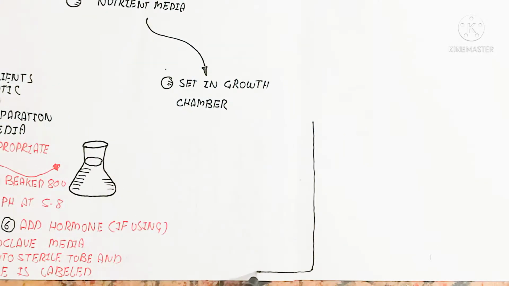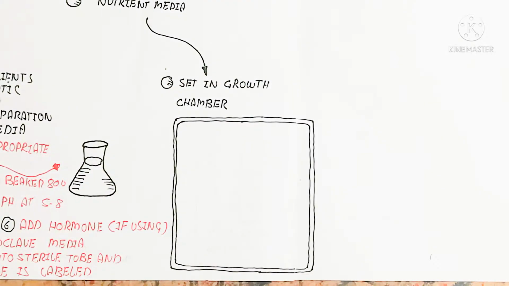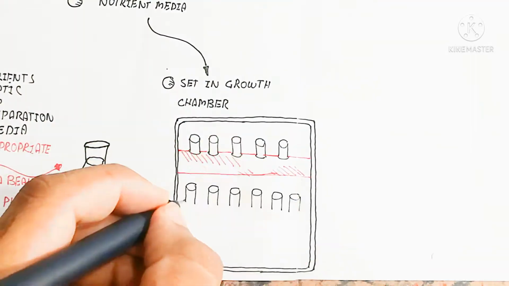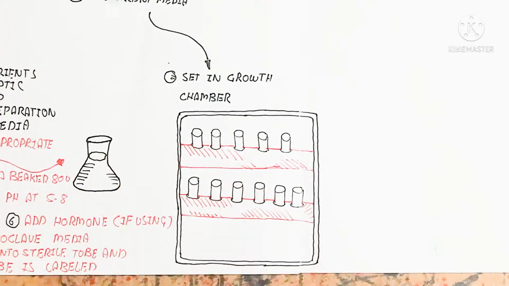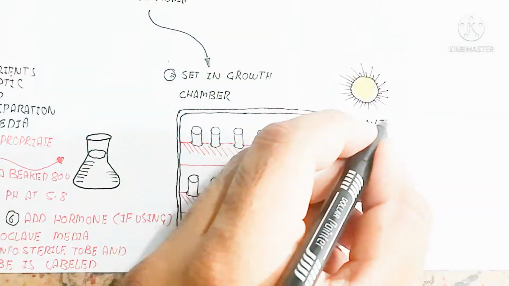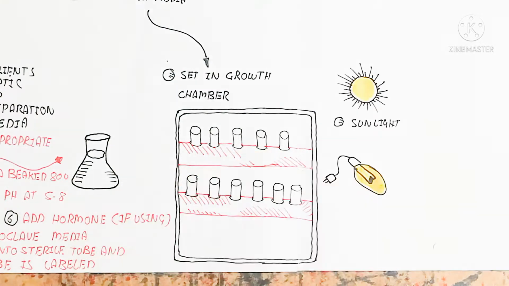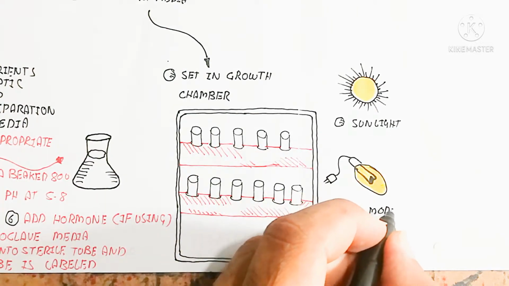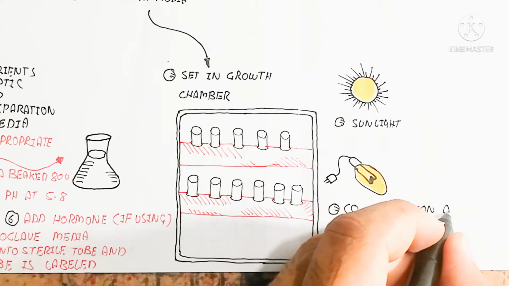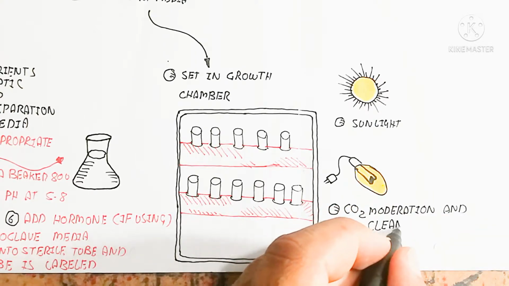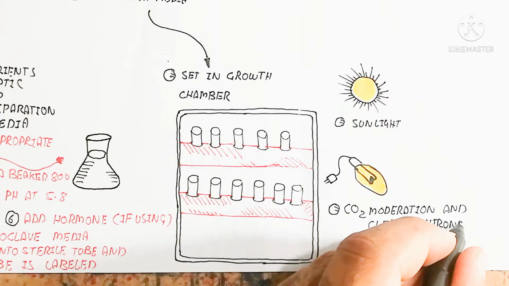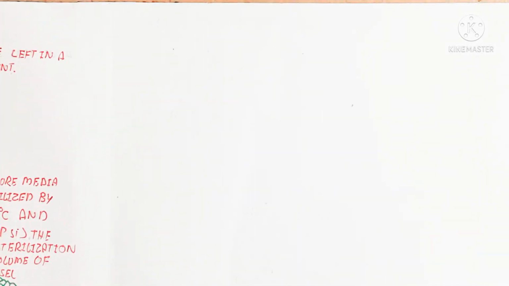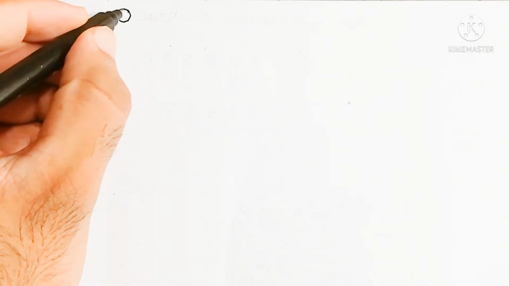So we put the nutrient media with the tissue culture tube set in a growth chamber. When we put the set into the growth chamber, we can provide sunlight, or we can use an electric bulb, with moderate carbon dioxide and a clean environment.